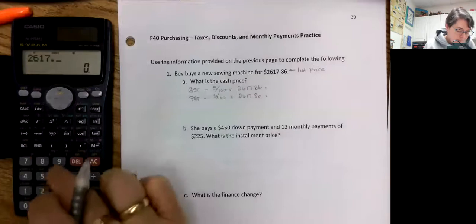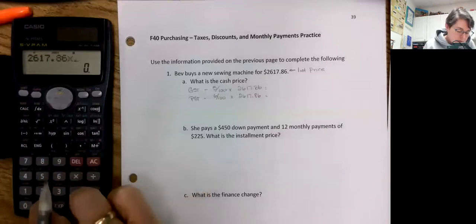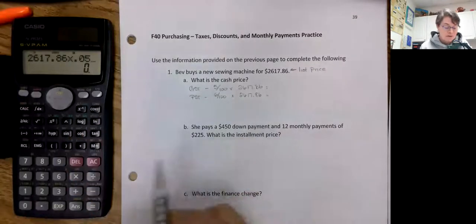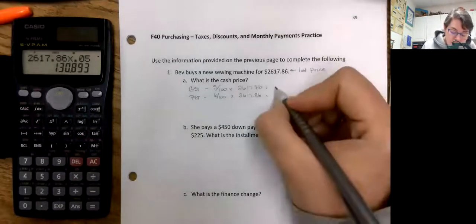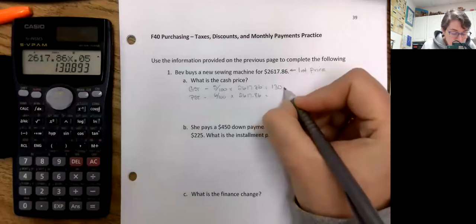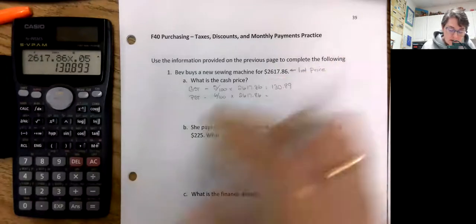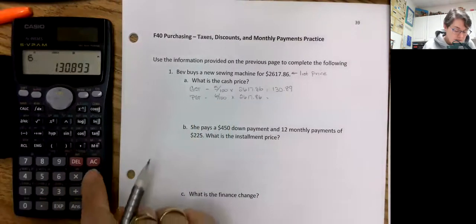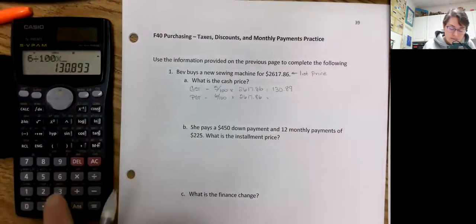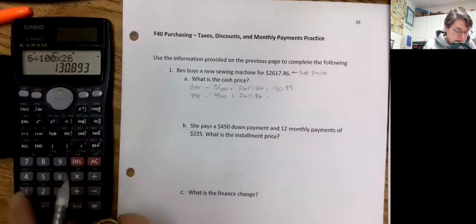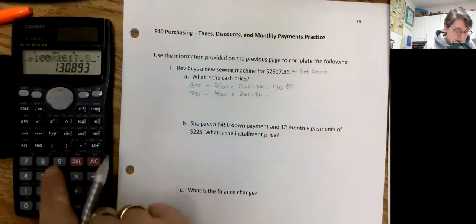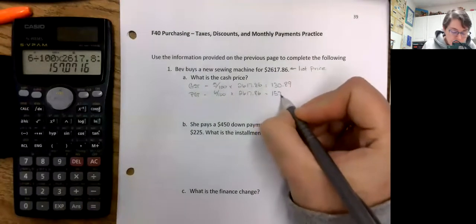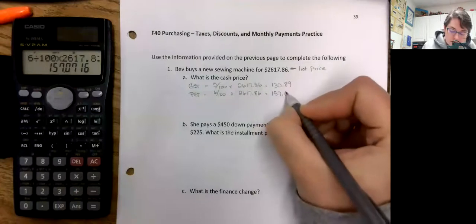2617.86 times 0.05. Yeah, I just wrote it up like that, and then I just multiplied by 0.05 in the calculator. Same difference, 130.89. So 6 divided by 100 times 2617.86 is 157.07.